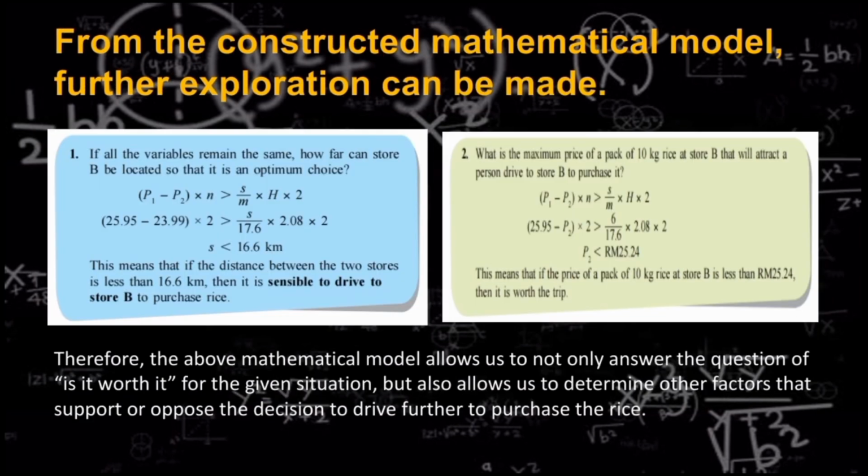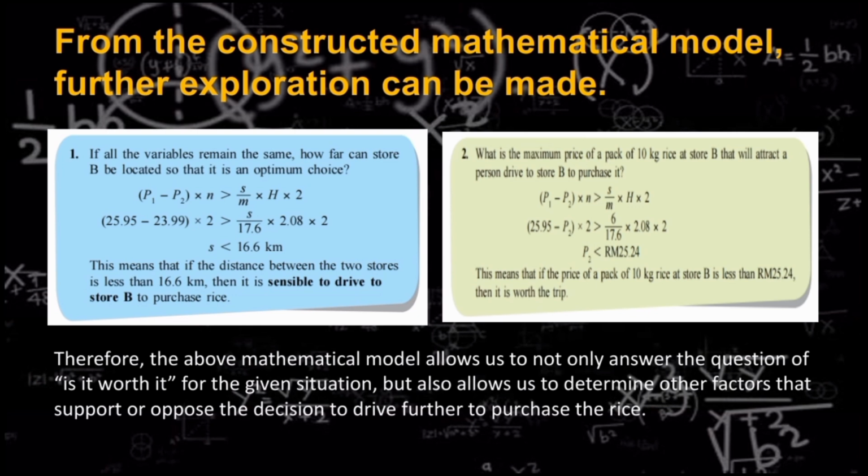From the constructed mathematical model, further exploration can be made. Number 1. If all the variables remain the same, how far can store B be located so that it is an optimal choice? (P1 minus P2) times n is bigger than S over M times H times 2. (25.95 minus 23.99) times 2 is bigger than S over 17.6 times 2.08 times 2.